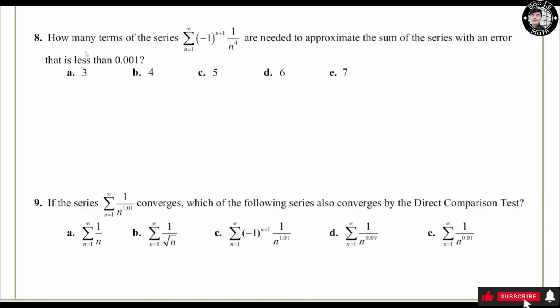Now question 8. How many terms of the series are needed to approximate the sum of the series with an error that is less than 0.001?